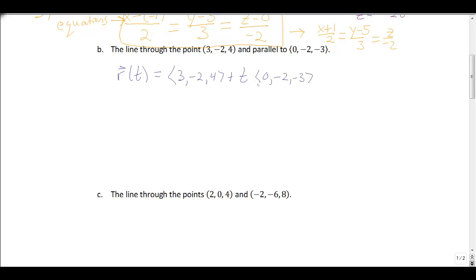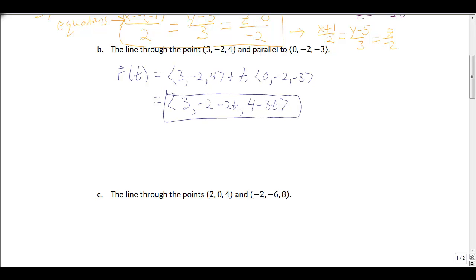So point plus t times the vector, or just the point plus scalar multiples of the vector. And you might rewrite this as 3 plus 0t, which is just 3, negative 2 minus 2t, and then 4 minus 3t. So there's really your vector equation or your parametric equation.